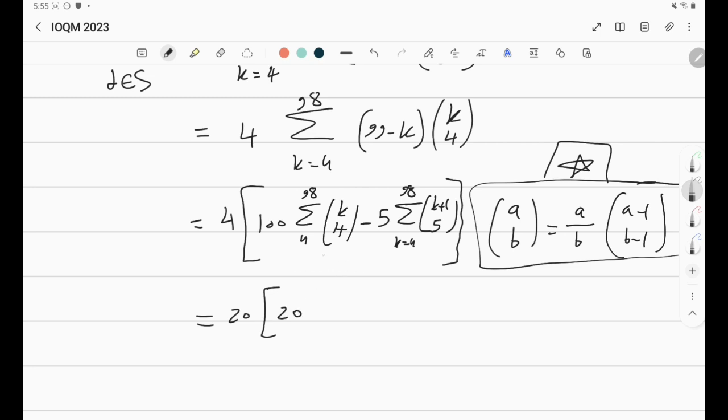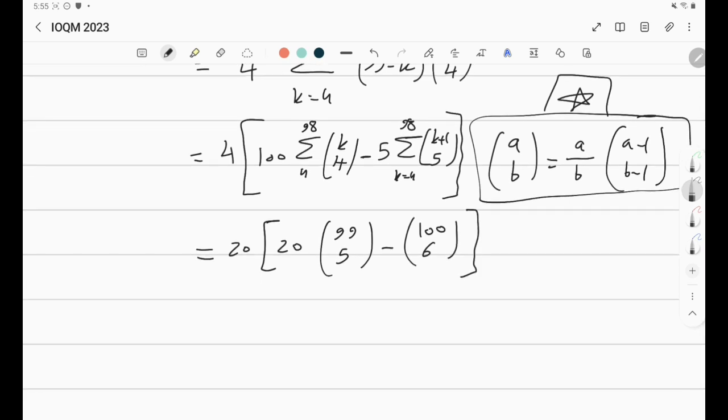This thing, if you apply the hockey stick identity, is going to be 99 choose 5. Minus, now we don't have a 5 here, this is from 5 choose 5 till 99, so it's actually 100 choose 6.